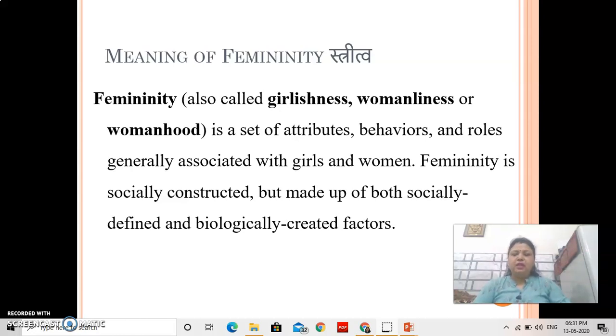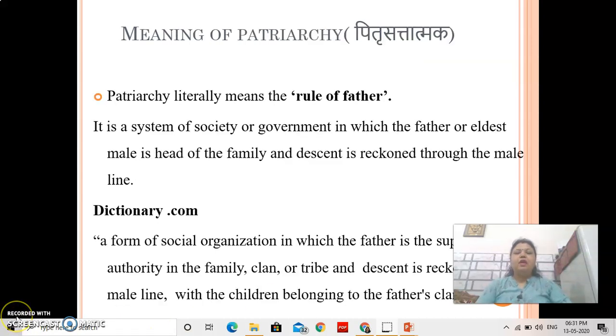Boys fight, girls don't. Man is the breadwinner in the family. Female has to take care of the children, give services, and take care of the elderly people in the society or the family.